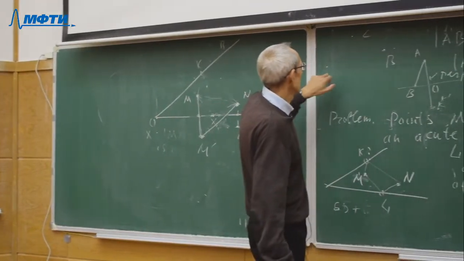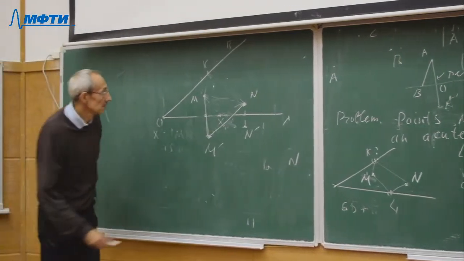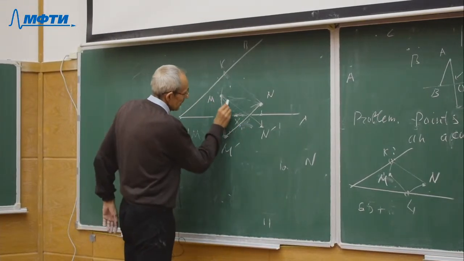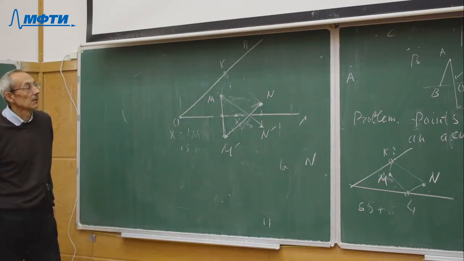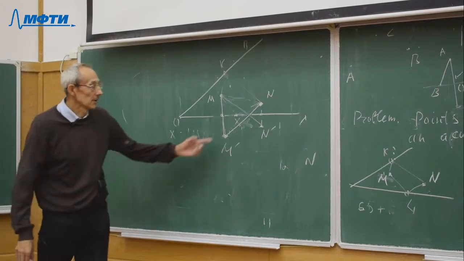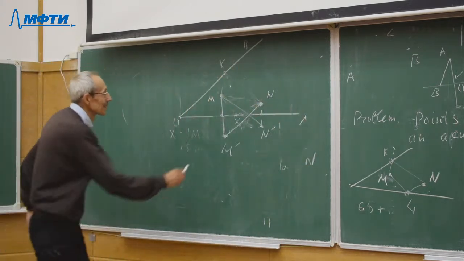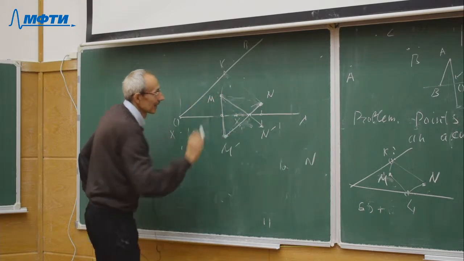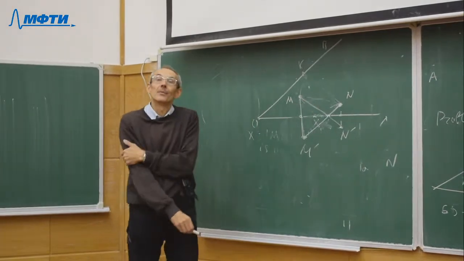The straight line is the minimal distance between any two points, and this is also minimal. What can we note in this picture? Yeah, exactly, this point is minimal. Can you prove this assertion? Why is this minimal?